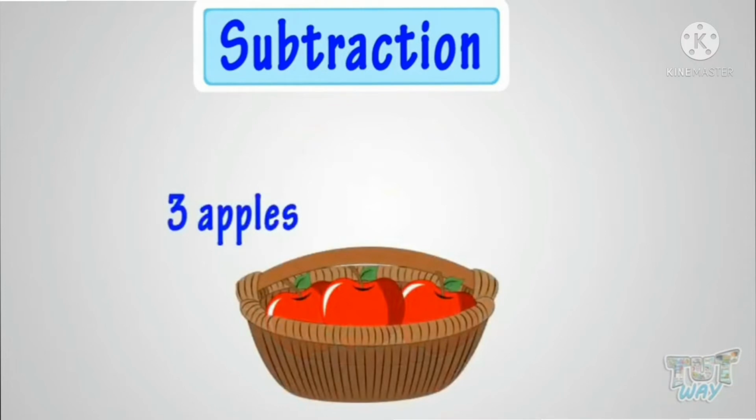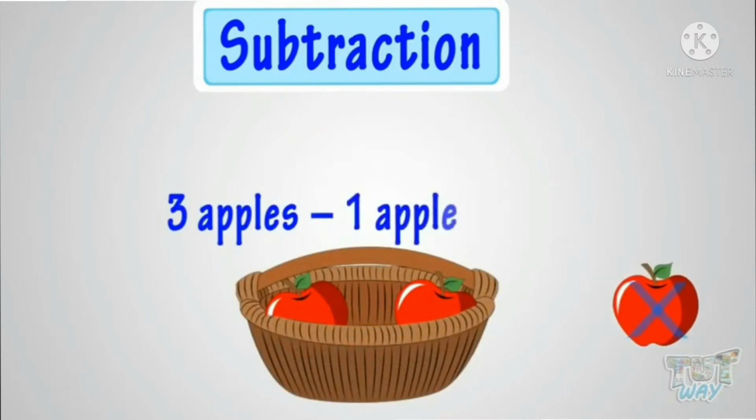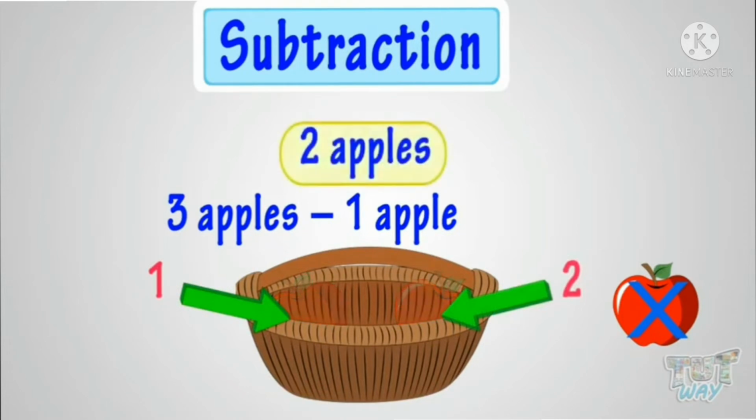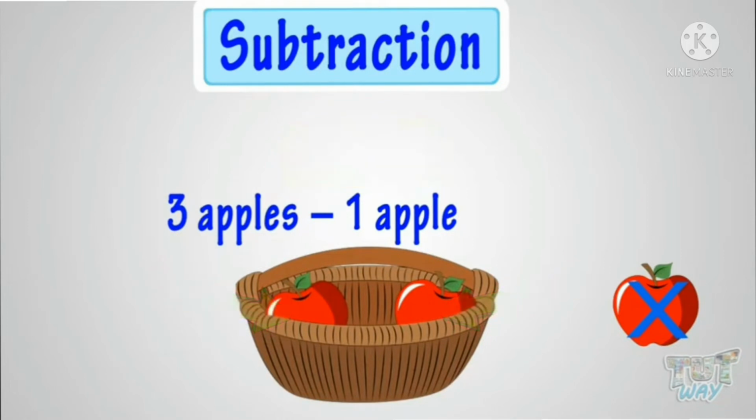There are 3 apples in the basket. If I take out 1 apple from the basket, how many apples are left? Let's count. 1, 2. So, 2 apples are left in the basket. That is, by subtracting 1 apple from 3 apples, we get 2 apples.